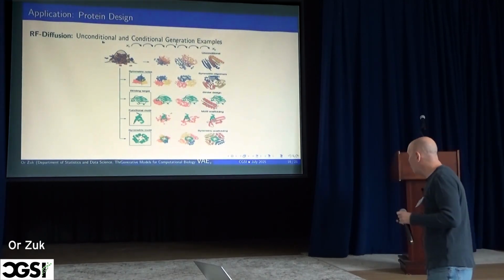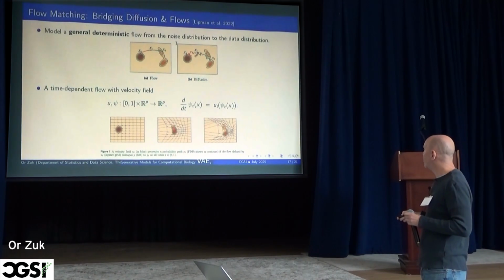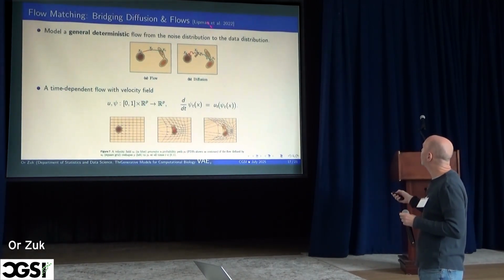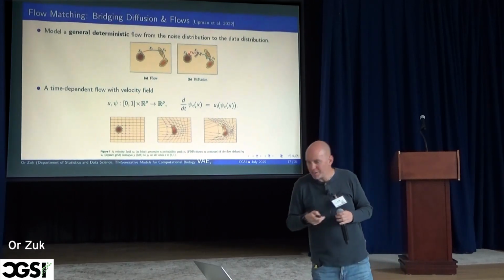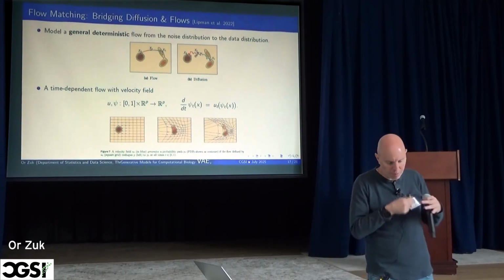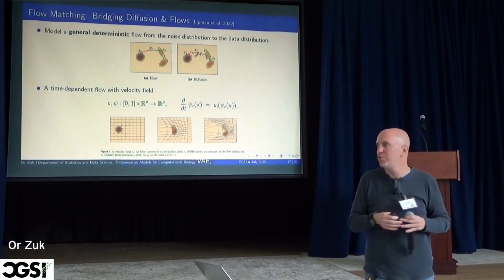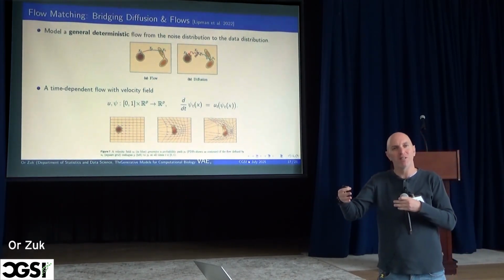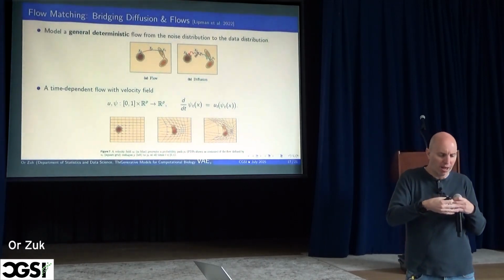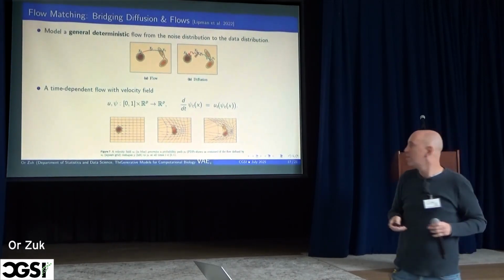And so the third method I'm going to describe, which is quite recent, from 2022, is called flow matching. The idea there is to do something that is similar to diffusion, but is simpler. So the goal is to get the benefits of the diffusion models, but with less computational burden, right?